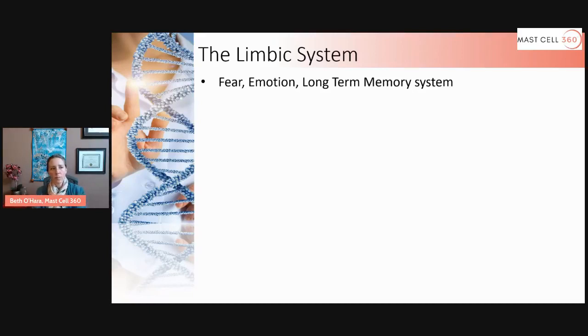How it plays out in our mast cell activation, though, is that we have a reaction, and then we think it's because of something specific. Let me give you an example of my life. I was in India. I've shared this story before, but it's a good example. I got dysentery.